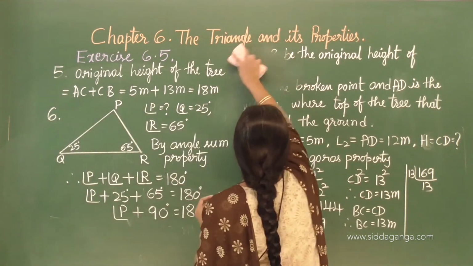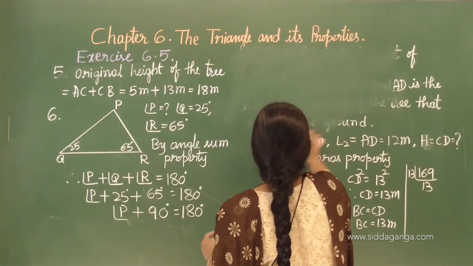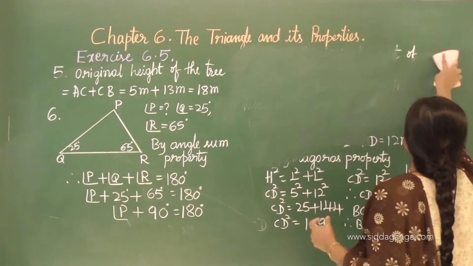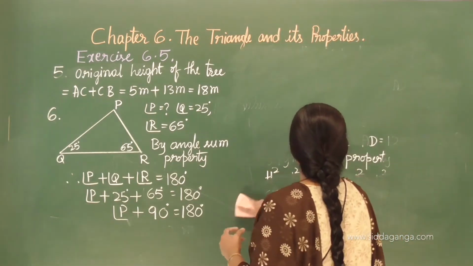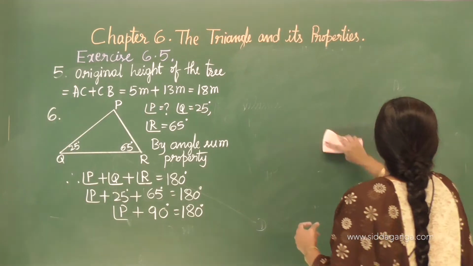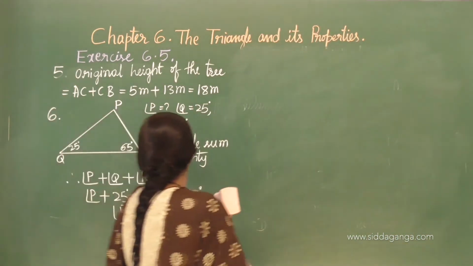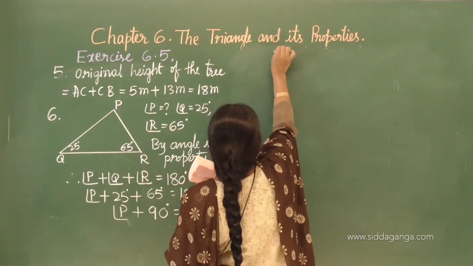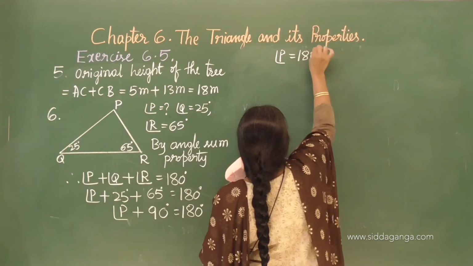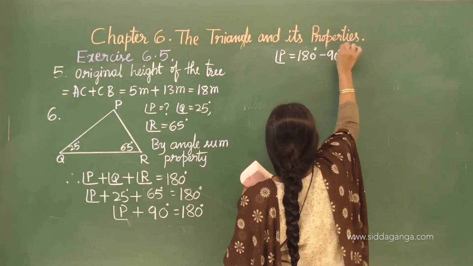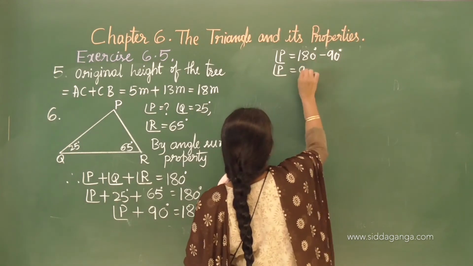Bring 90 degrees to the right hand side, it becomes minus 90. Subtract 90 from 180, then what we get? We will get 90 degrees. Then angle P is equal to 180 degrees minus 90 degrees. Angle P is equal to 90 degrees.